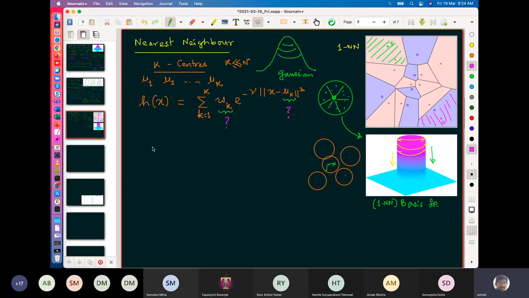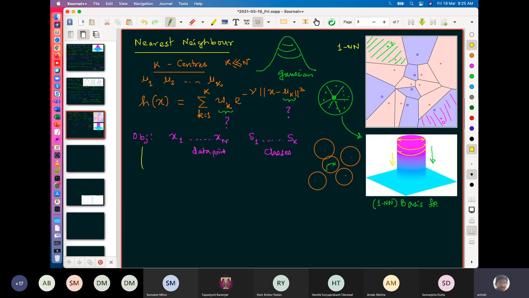You know what the objective is here. I have been given data points x1 up to xn, and I want to cluster them into k classes, S1 to Sk. These are my data points, and these are the classes that I wish to form.